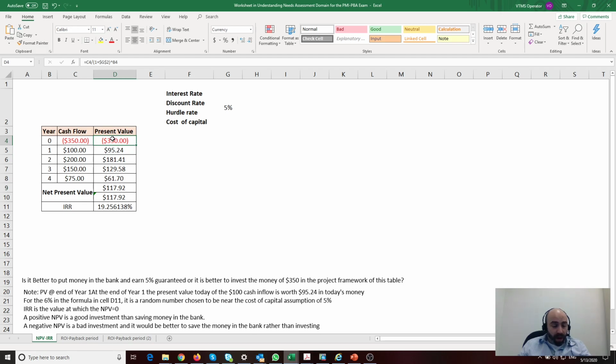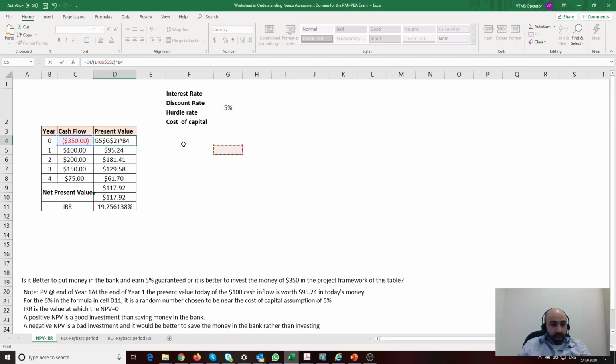I'm not sure you know it, but the formula says I take the cash flow, which is this number here, C4, and I divide it by 1 plus R, which stands for the interest or the discount rate, to the power of this one here.